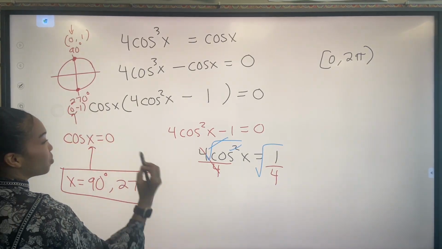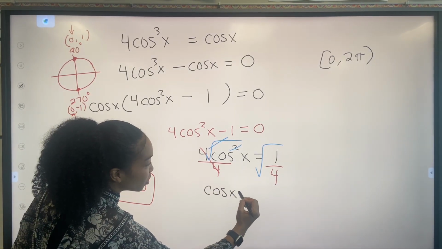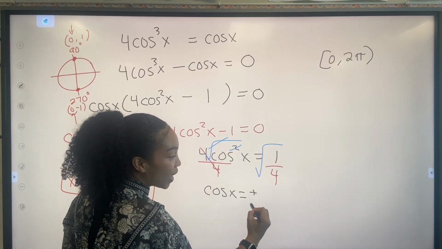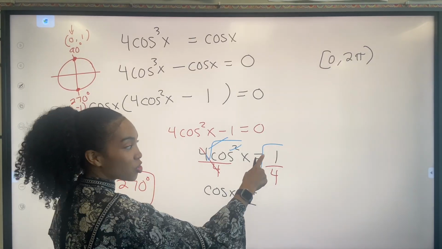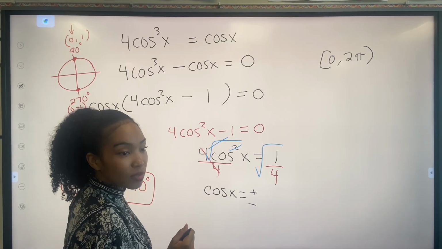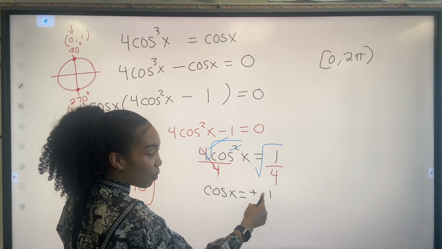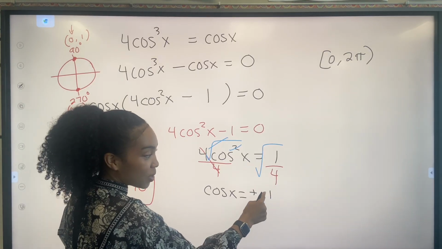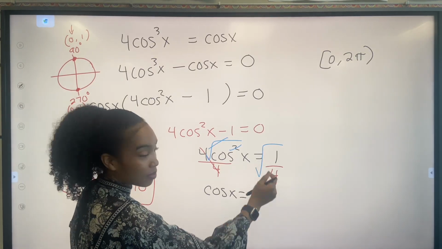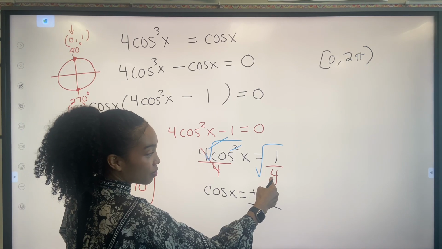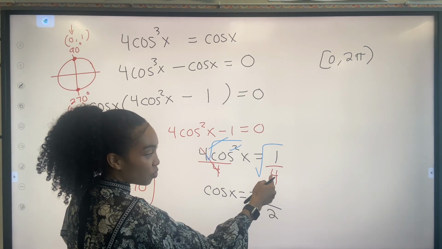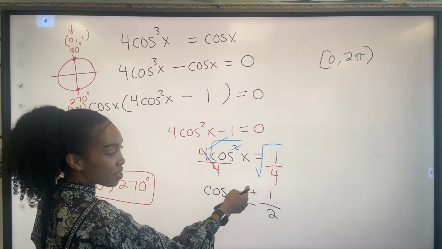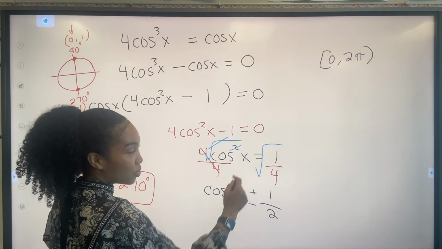So you are left with cosine equals, whenever you take the square root of something, you're going to have both a positive and a negative answer. What's the square root of 1? 1. And the reason why I have both a positive and a negative answer is because 1 times 1 is 1, and negative 1 times negative 1 is 1. Okay? And what's the square root of 4? 2. Because 2 times 2 is 4, and negative 2 times negative 2 is also 4. Okay? So you're going to have both a positive and negative answer when you square root it.